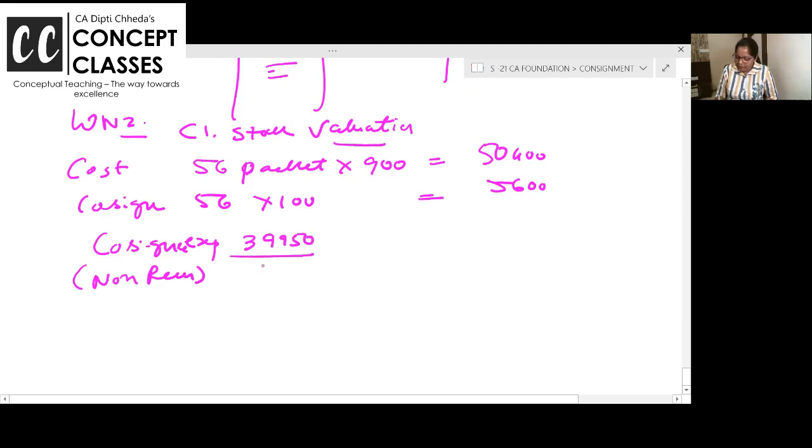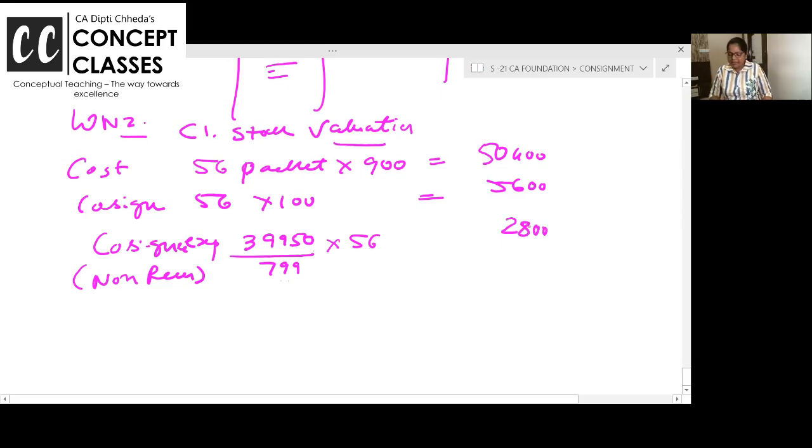For how many units have reached over there? 799. 39,950 is the expenditure for 799 units. 1 unit तो पहुंचा ही नहीं, तो per unit is how much? Into 56. 39,950 divide by 799 into 56.